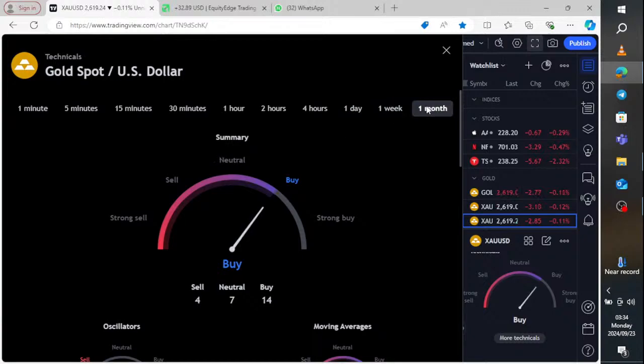Let's start with the monthly time frame, strong buy, weekly time frame, buy, daily time frame, another buy, 4 hours, another buy, 2 hours, another buy, then 1 hour, another buy. So 30 minutes, I think it was the last one that gave us a buy then.